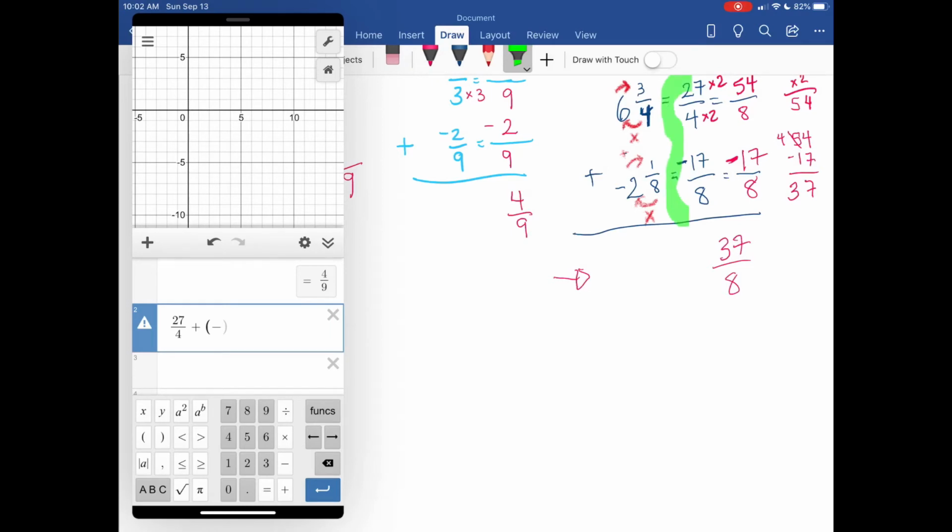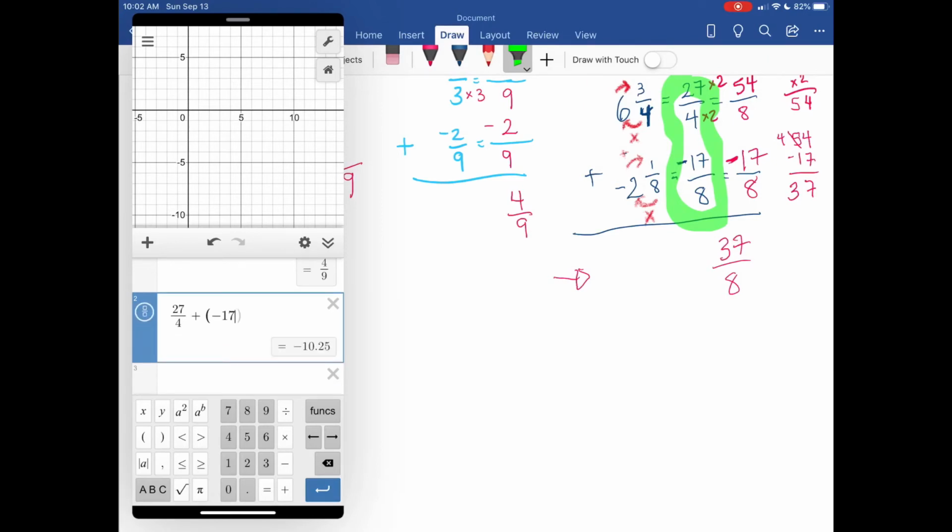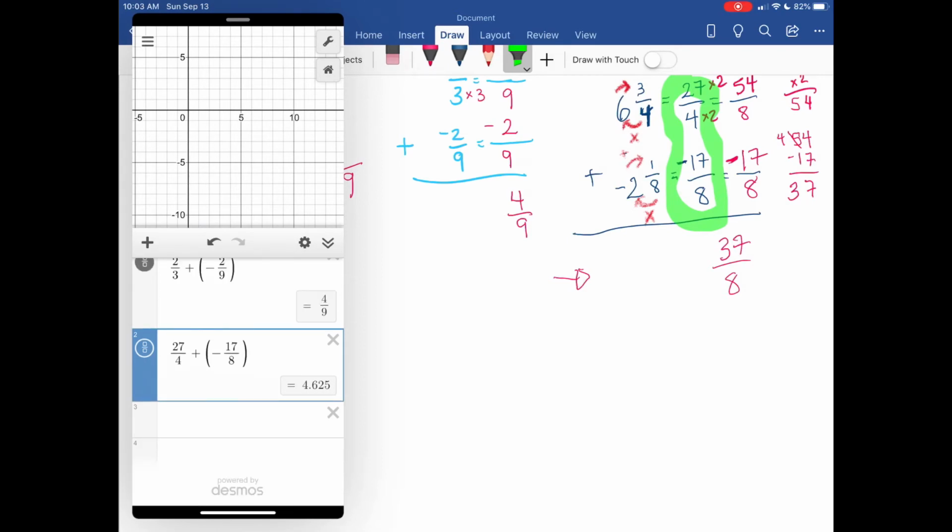So we had 27/4 plus -17 over 8. Negative 17 divided by 8. And again, I'm going to hit the little fraction button, and it's telling me 37/8.